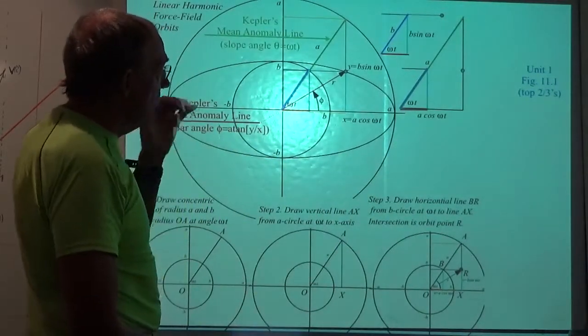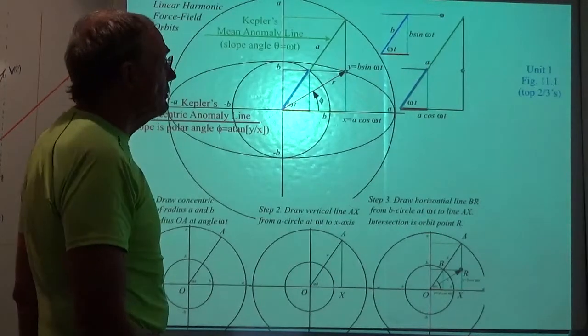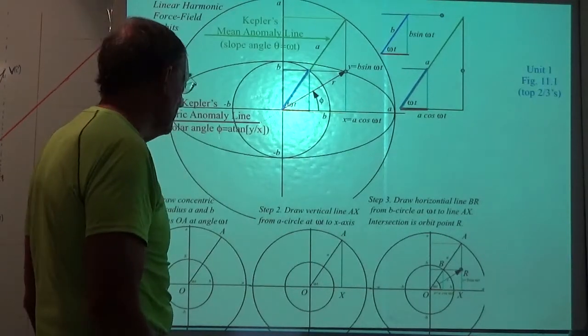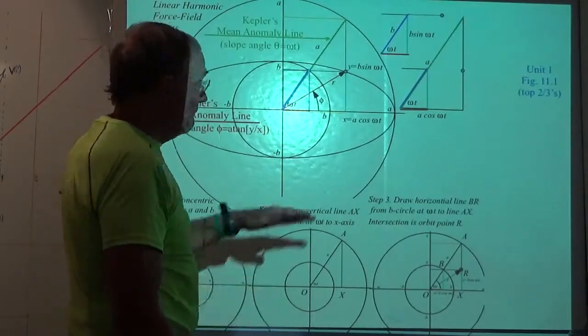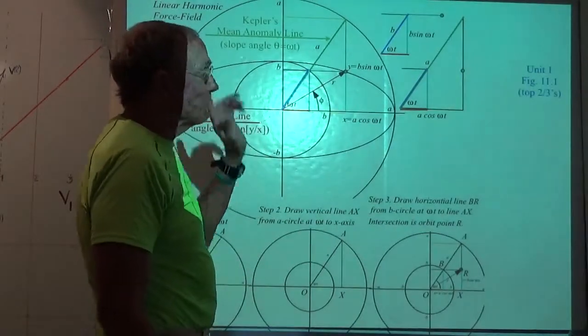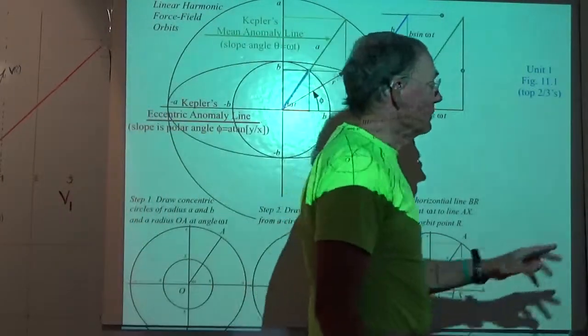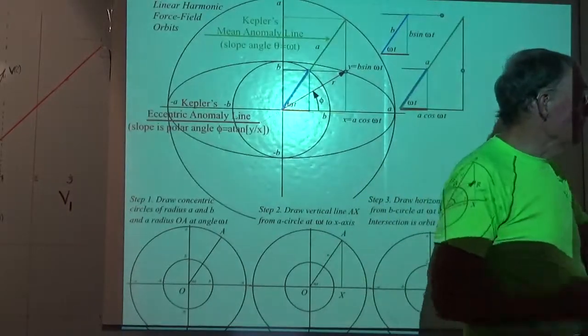So the geometry gives you a very precise description of what are called Kepler's laws. That is basically equal area swept out. And that's what we need to discuss, all of these laws for central forces.